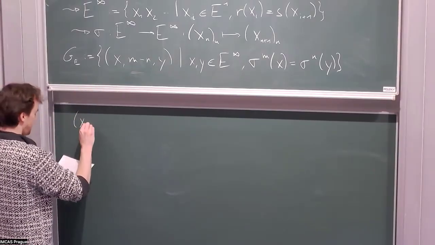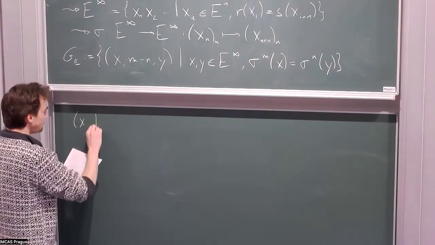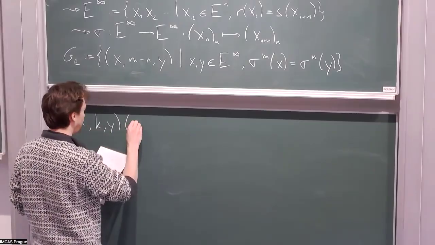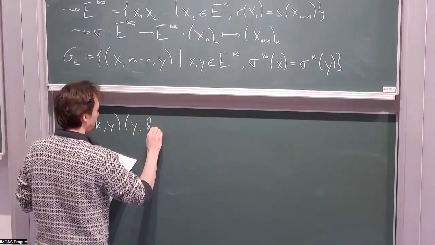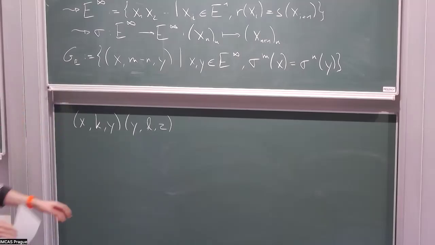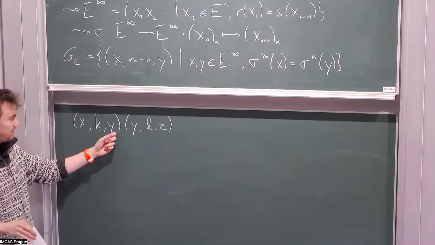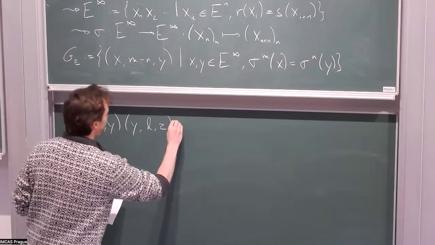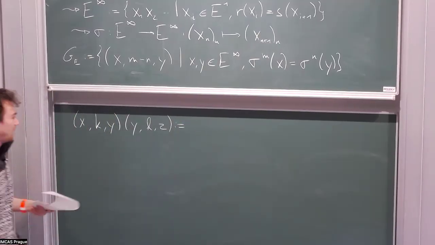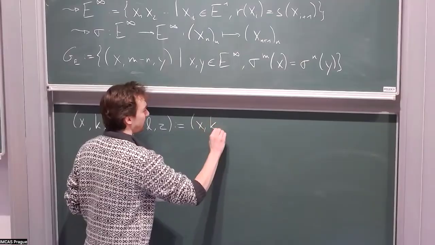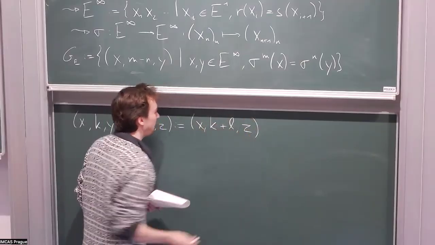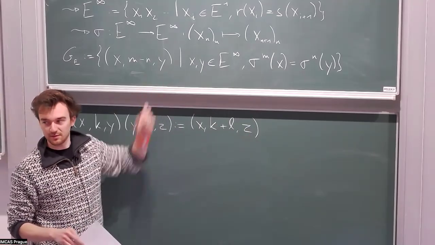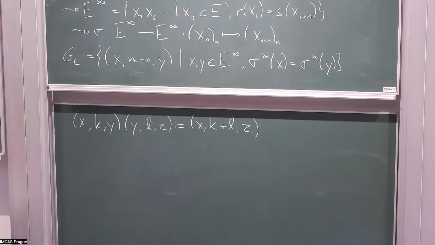So if we have two pairs or two tuples as such, we can compose them if the second entry or the last entry of the first is equal to the first entry of the second. And in that case, we define the composition as x, k plus l, z. And it's pretty easy to see that this is again an element of this set because of the way it's defined.